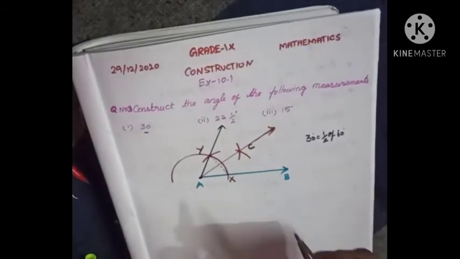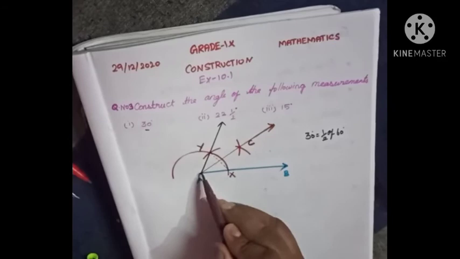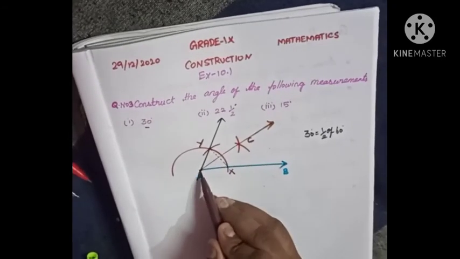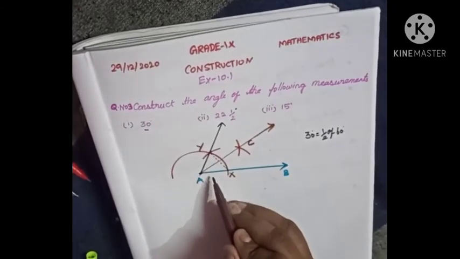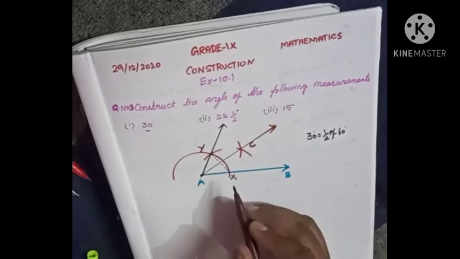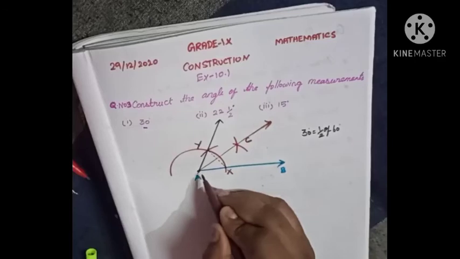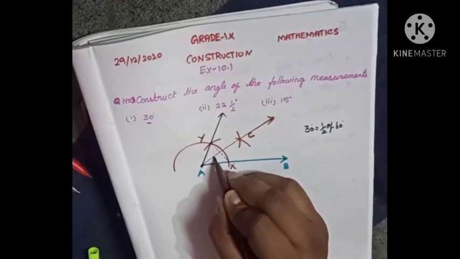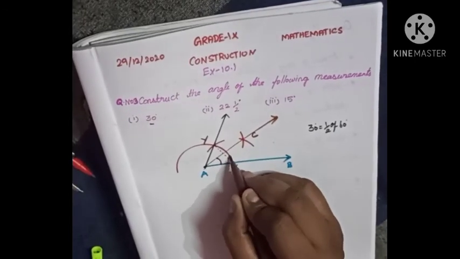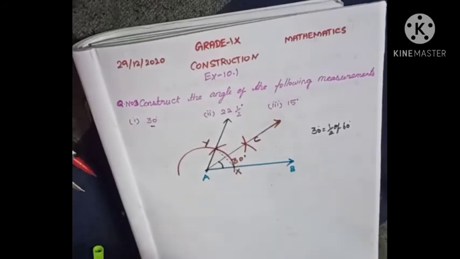Now already you know that XAY is 60 degree, and half of 60 degree is nothing but XAC, otherwise BAC. This angle we mentioned as 30 degree.